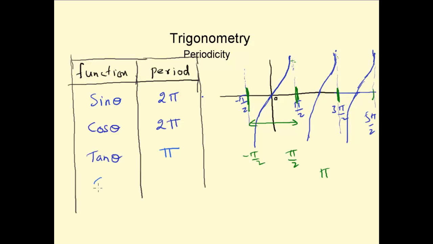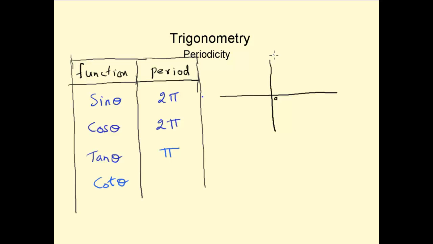Let's find what it is for cot theta. So cot theta actually comes from positive infinity and it goes to the origin and then goes to negative infinity, something like this. If you extend the line here, this would be pi, this would be 0, and similarly it goes from minus infinity to 0.